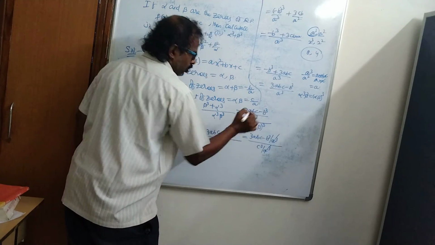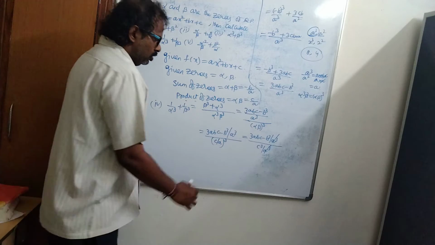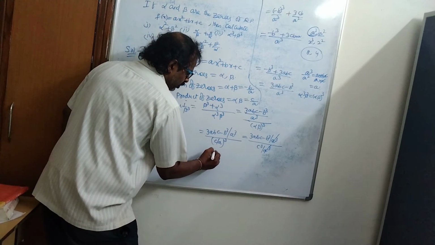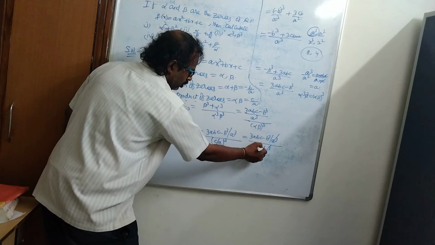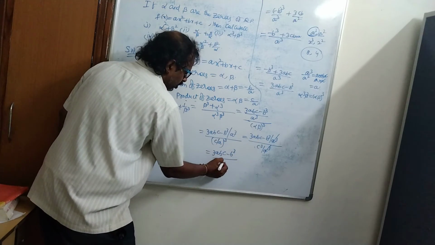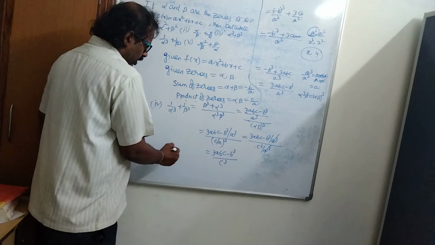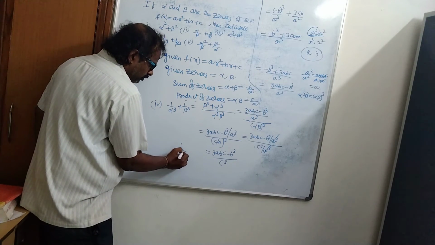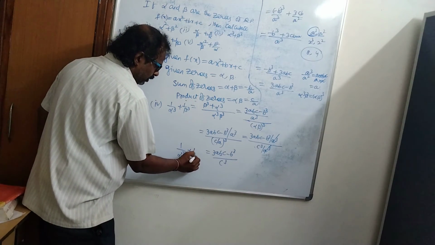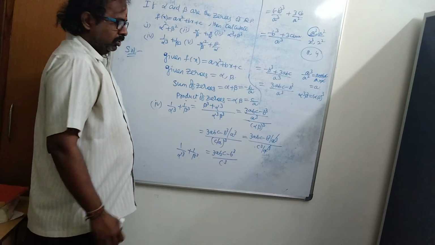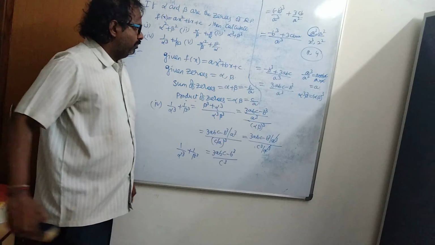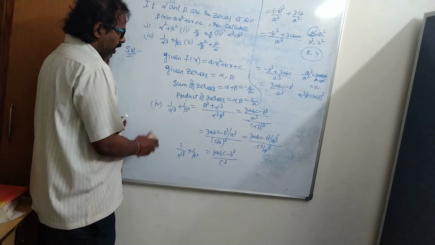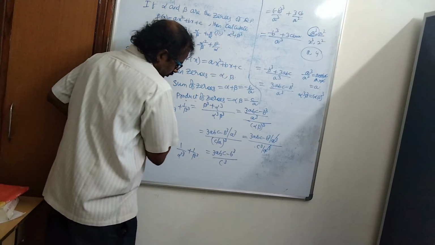The a cube will get cancelled, so that is equal to 3abc minus b cube, and the denominator is c cube. So this is our 1 by alpha cube plus 1 by beta cube. Clear? Now the last one, alpha square by beta plus beta square by alpha.